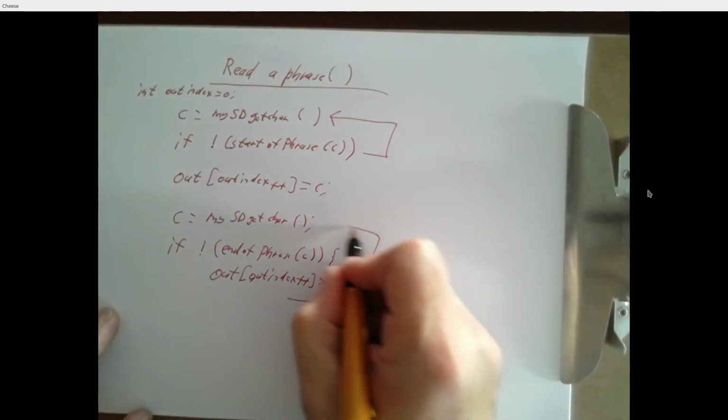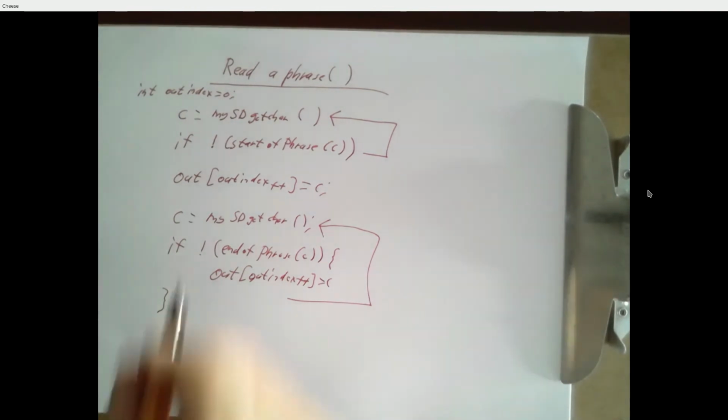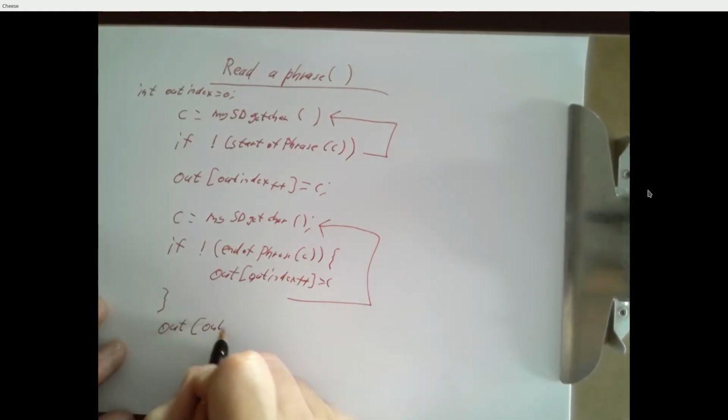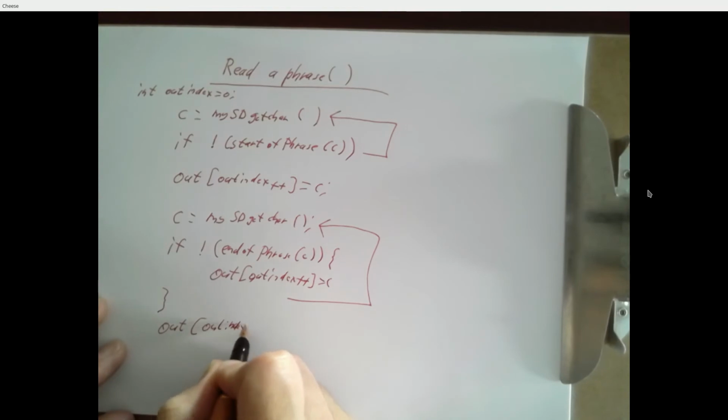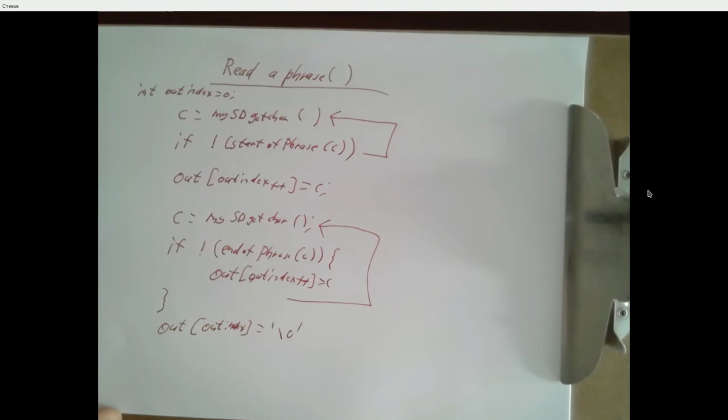And I'll go back up here. And if that character I got is the end of a phrase, I'll just go ahead and null terminate my output array, and I'll return 1.